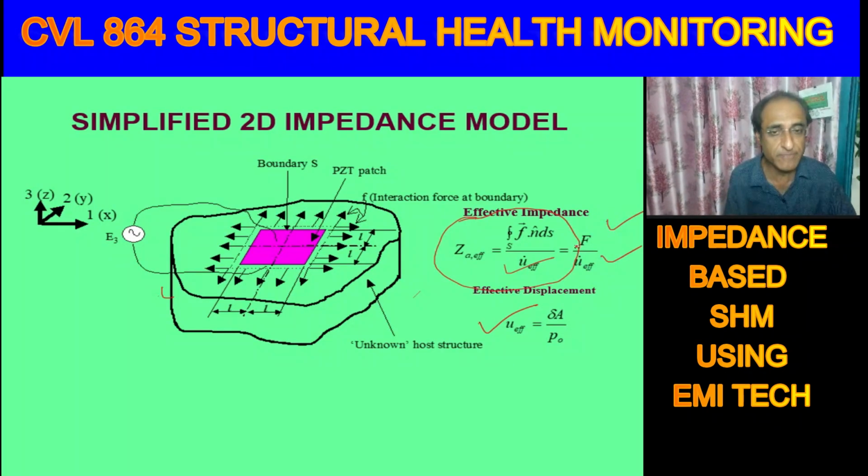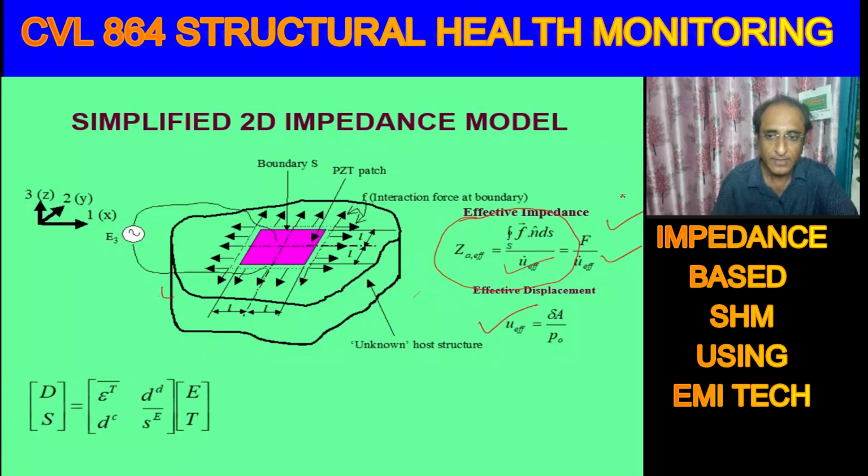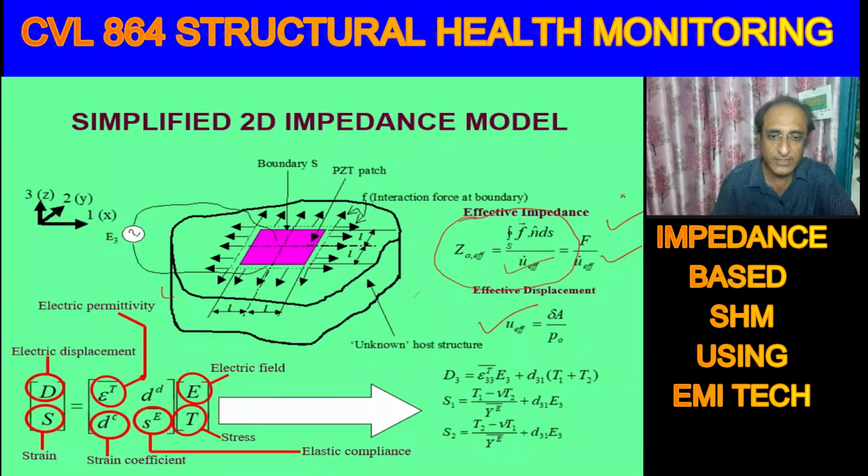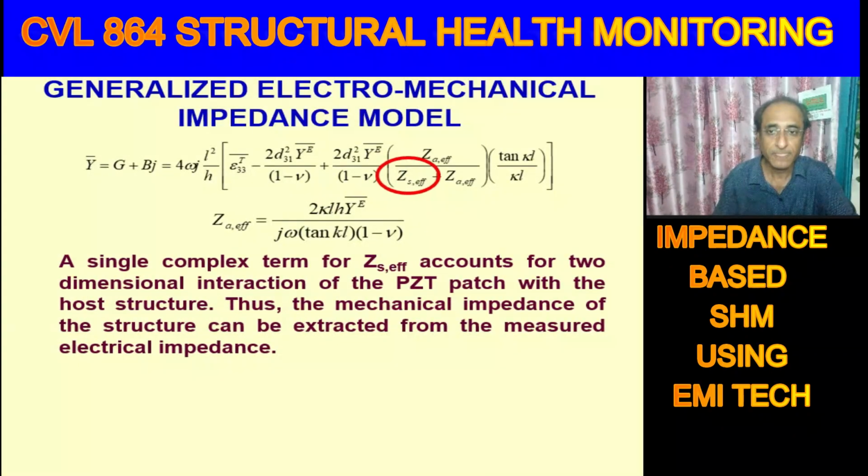But this effective impedance is like 2D. It is a measure of the 2D interaction, not just 1D interaction. So finally we get an expression like this. If we are modeling the phenomena in 2D, then we have to take into account the Poisson's effect also. So Poisson's effect is now considered here. Both these stresses will contribute to strain in both the directions, and with this we can derive an expression like this.